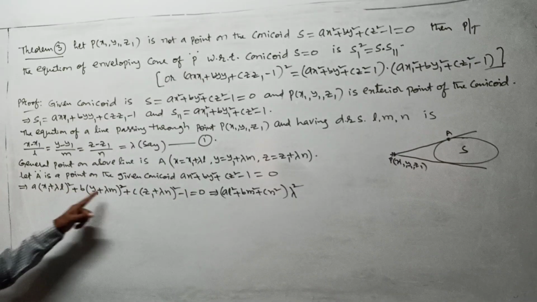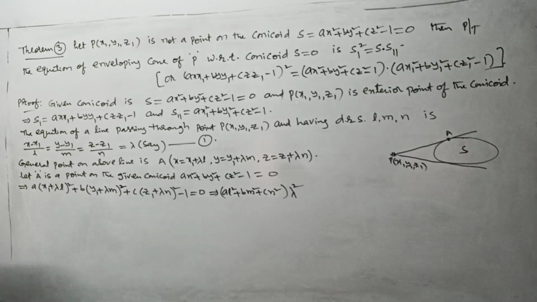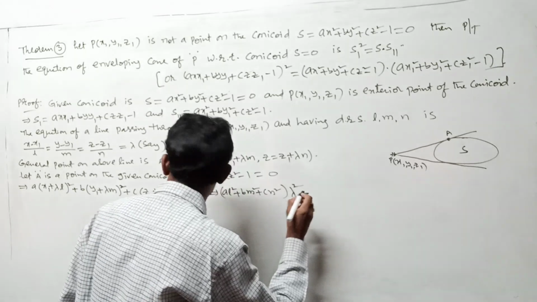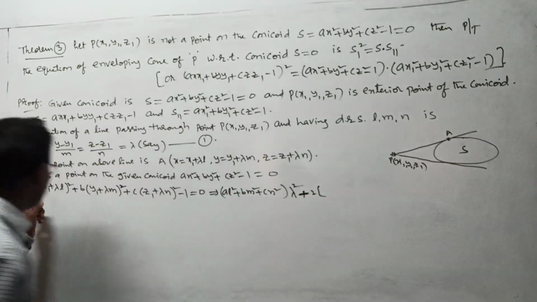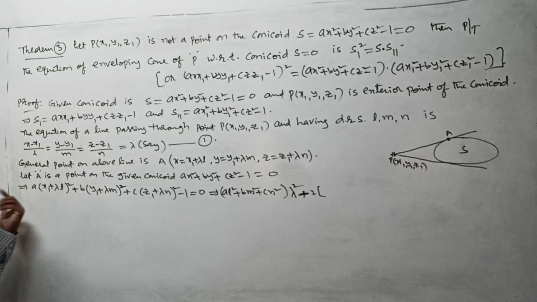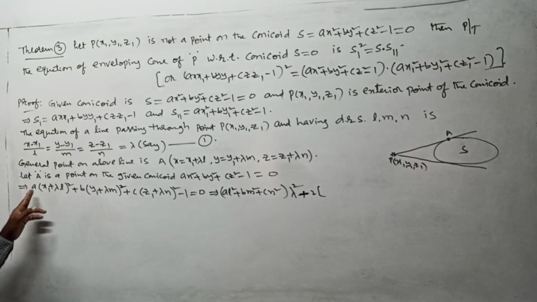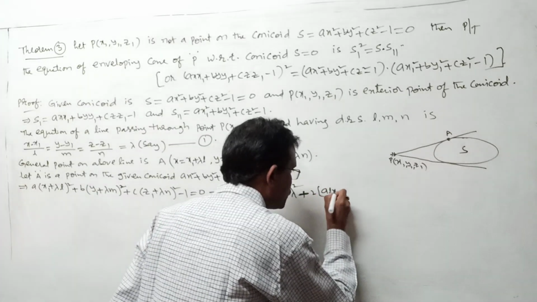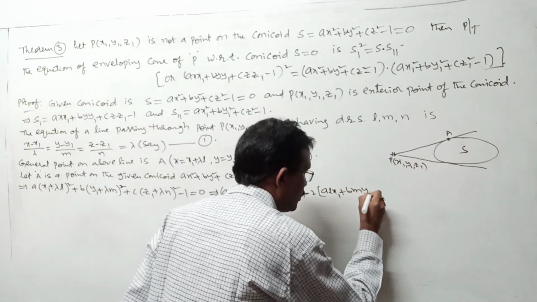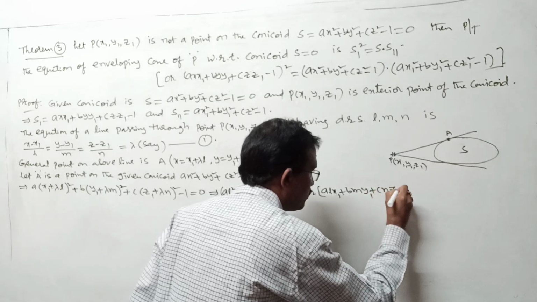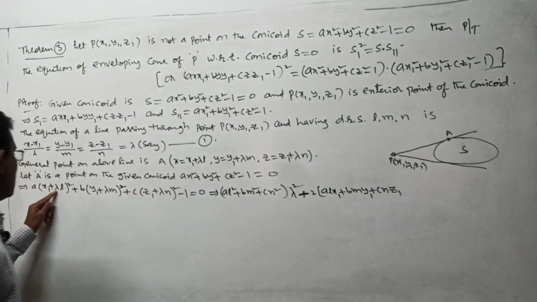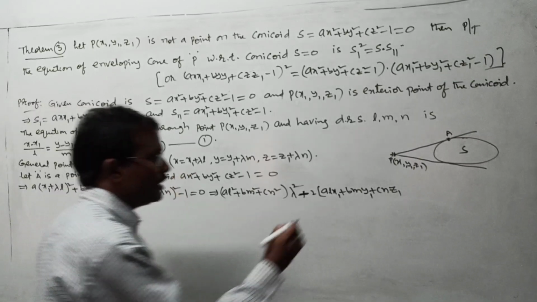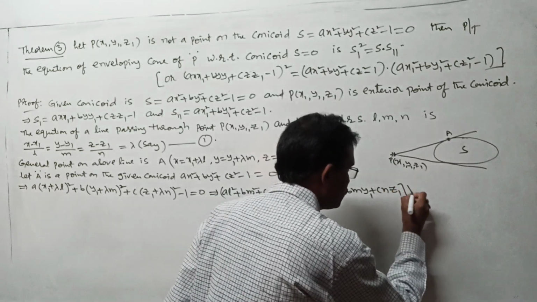Then the lambda coefficient: there is a 2ab-type term, so I take 2 common and lambda common. Then it is 2 lambda into (a l x1 plus b m y1 plus c n z1). Any doubt?